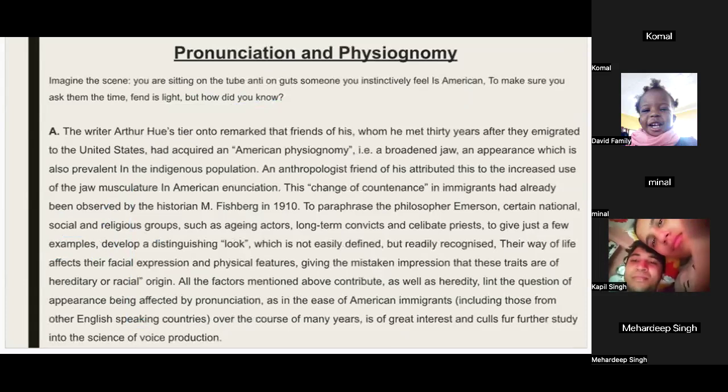Now try to find about Koestler, Fischerberg, and Emerson also.